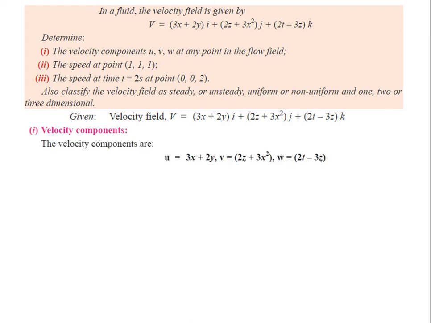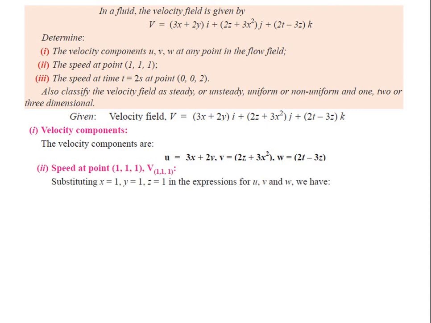So velocity components are given by u, v and w by considering V equals ui plus vj plus wk. Now the speed at point (1,1,1): put the values x equals 1, y equals 1 and z equals 1 in the above equation. You will get the values of u, v and w. So u is equal to 5, v is equal to 5 and w is equal to -1.